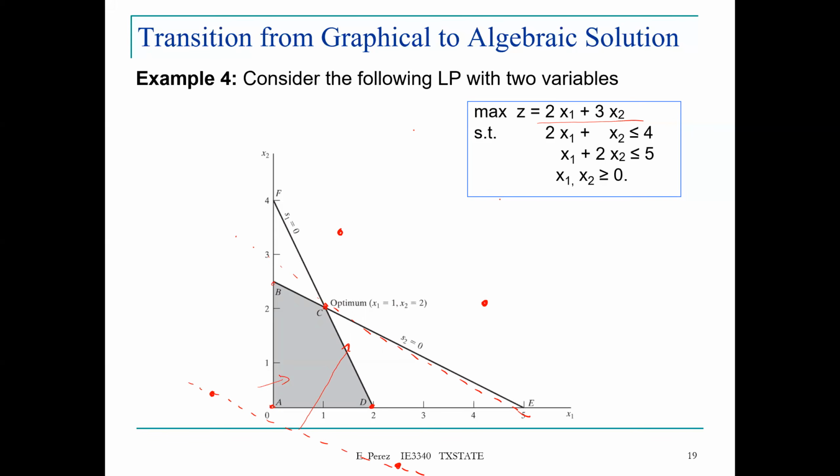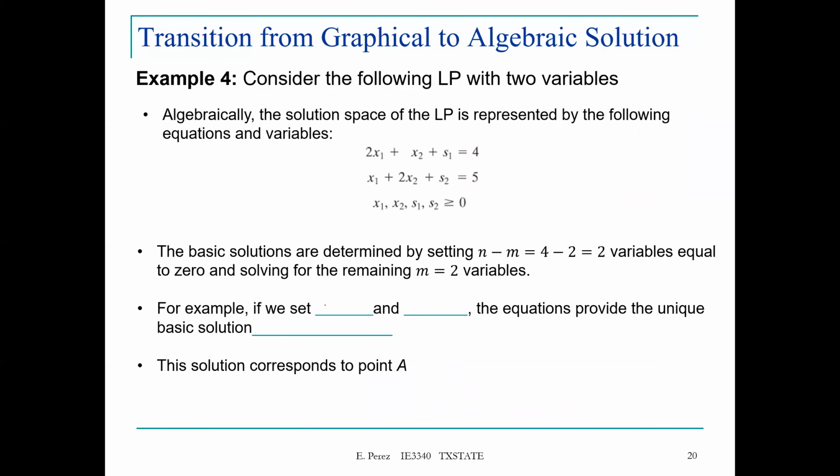So that's the way we find the optimal solution using the graphical method. But now we're going to use this algebraic method, which is the base for the simplex method, and we are going to find the same result without having to graph the constraints or graphing the problem.